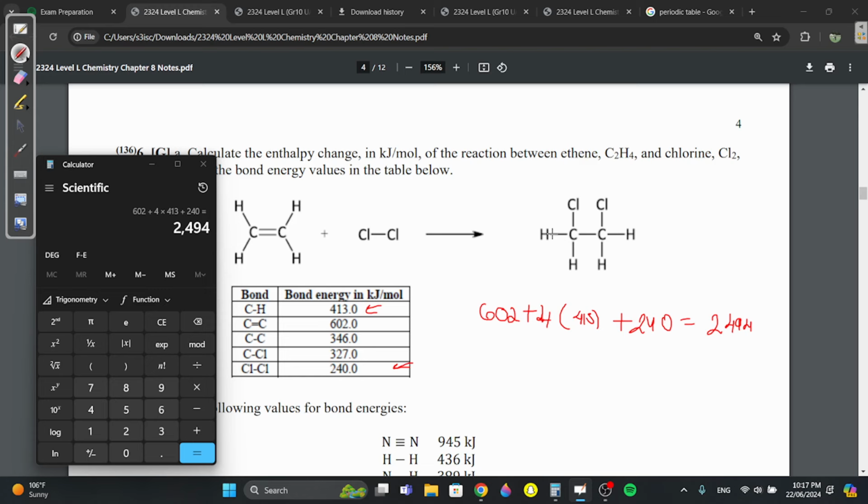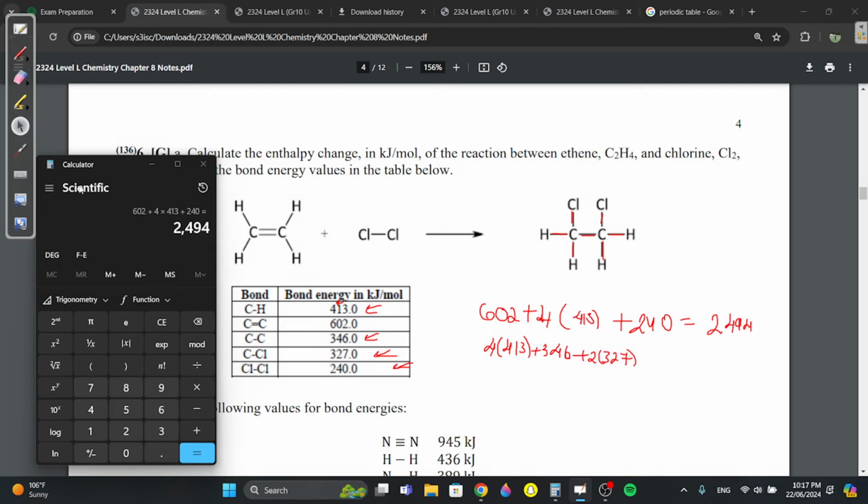Okay, and then for the products, you have 1, 2, 3, 4 CH bonds, so 4 times 413 again. You have a CC bond, single, okay, 346. And then you have CCl, 2 of them, 2 times 327.